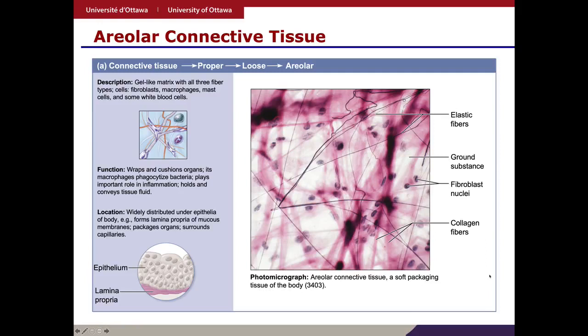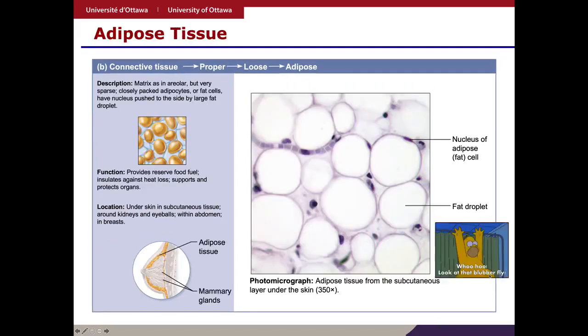Areolar connective tissue holds organs in place and attaches epithelial tissue to the underlying tissues. In addition, macrophages and fat cells are contained in the spaces provided by this type of connective tissue.